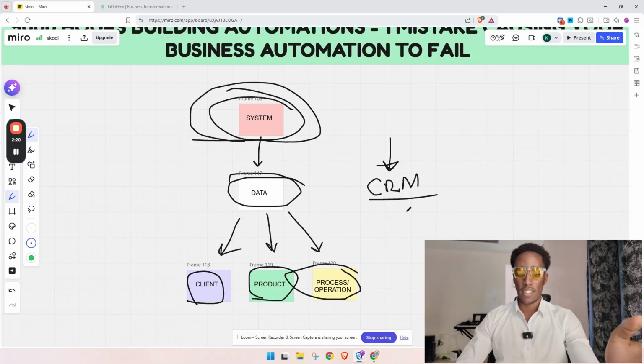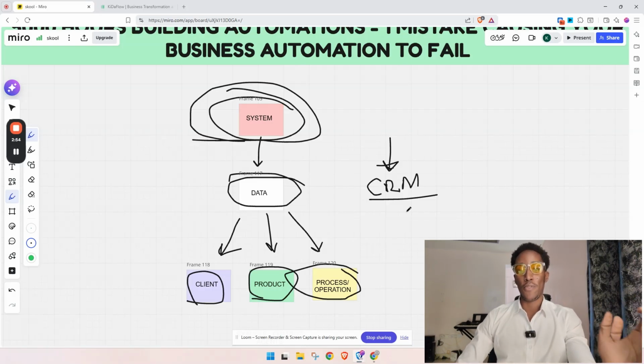The problem that I see most businesses have, especially small businesses, is that they want to move on to AI and automation, but there lacks data. I've gotten this especially when I was starting out KidaFlow. There were a lot of queries from businesses asking, let's say I want to reach out to all my customers automatically every 3 days, and then I want to have AI reply to these messages, qualify them and then book them a meeting.